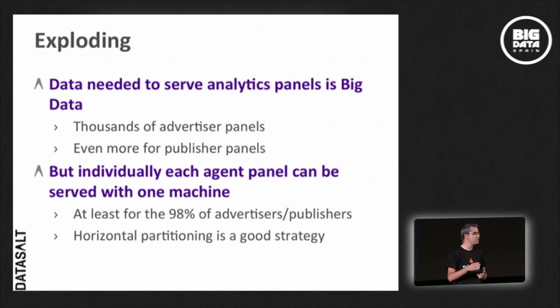And in those cases, you have a big amount of information for them, and maybe you have to deal with them in a particular way. But for 98% of the problem, you can use horizontal partitioning. You can split your data in small partitions so that each partition has data from a particular set of agents.